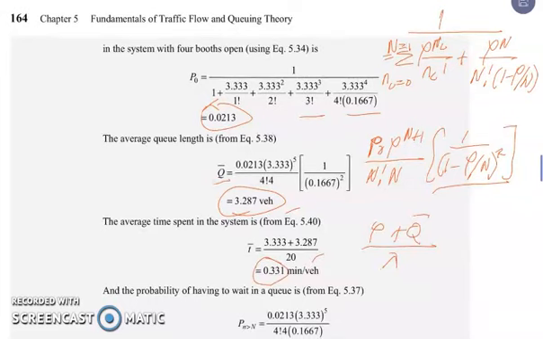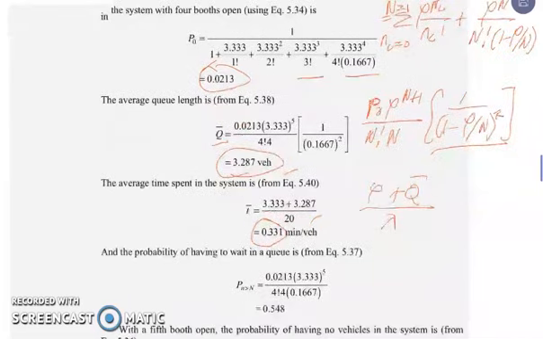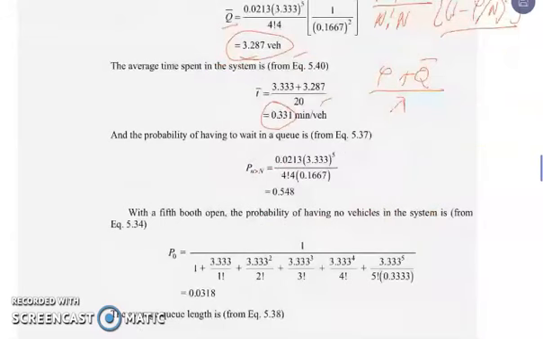Now if we try to get the probability of having to wait in a queue, which means P of n is greater than n, the formula for this is P sub 0 multiplied by rho raised to n plus 1 all over n factorial times n times 1 minus rho all over n.